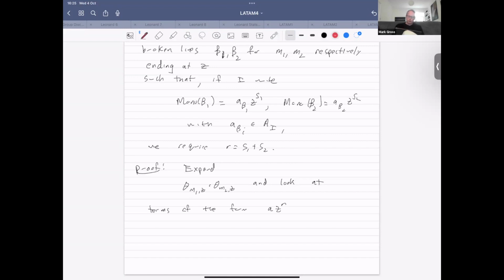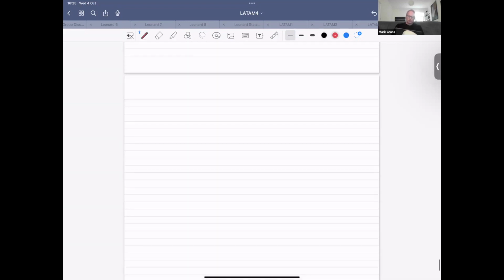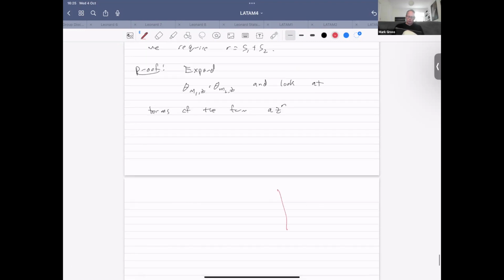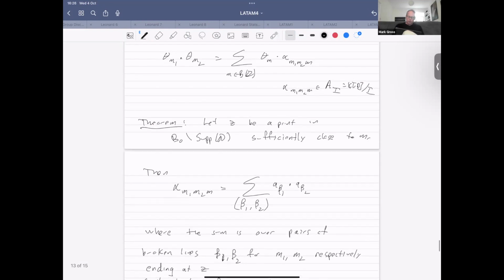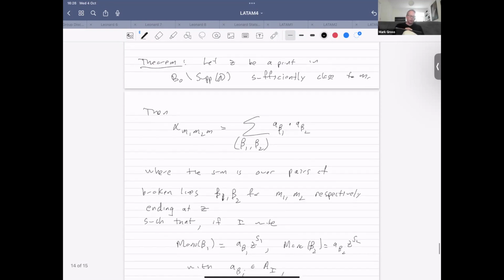Let me try to draw a picture of what's going on here. Sorry, I meant n, not r.